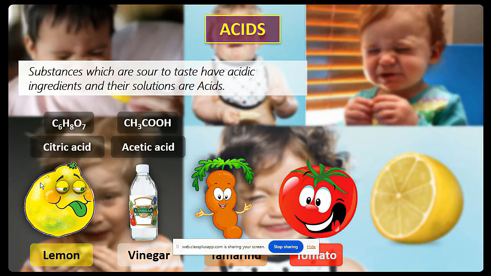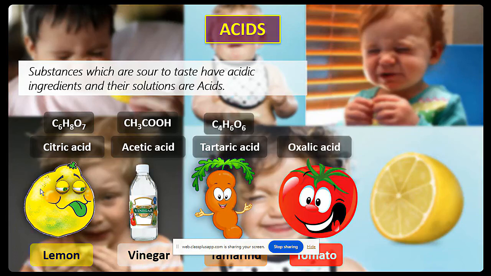Acetic acid is CH3COOH. Tamarind has tartaric acid, with the formula C4H6O6. Tomato contains oxalic acid, and the formula of oxalic acid is C2H2O4.